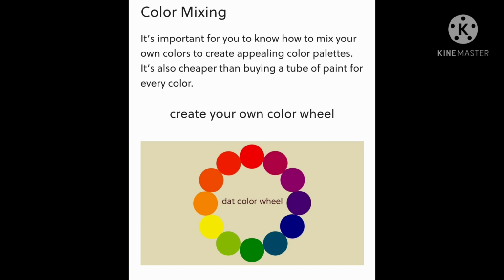It's also cheaper than buying a tube of paint for every color. So now let us see the color wheel. In the color wheel we can observe a variety of colors that we can see in the rainbow as well.